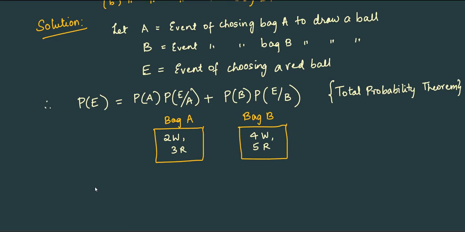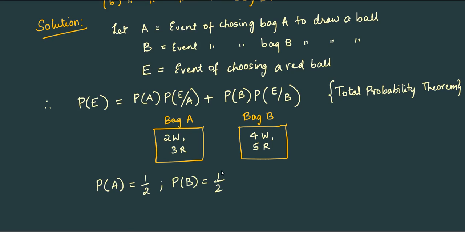So P of A, the probability of choosing bag A, because bag A and bag B are both equally likely, so the probabilities will be equal. Probability of selecting bag A and probability of selecting bag B both will be half.